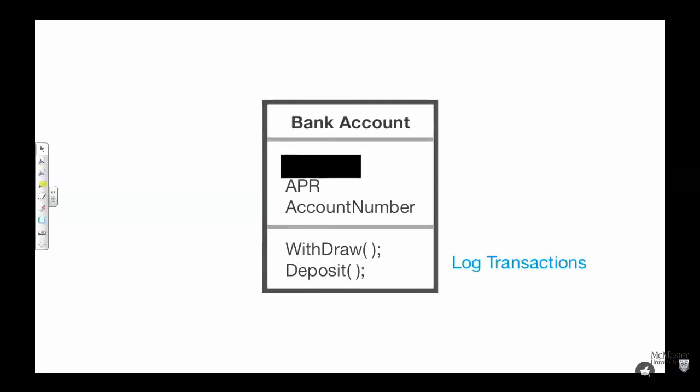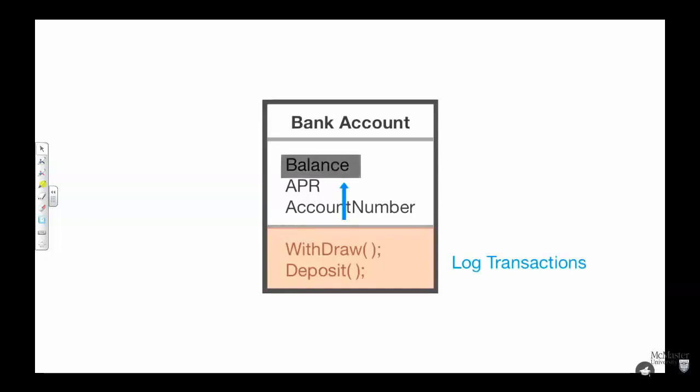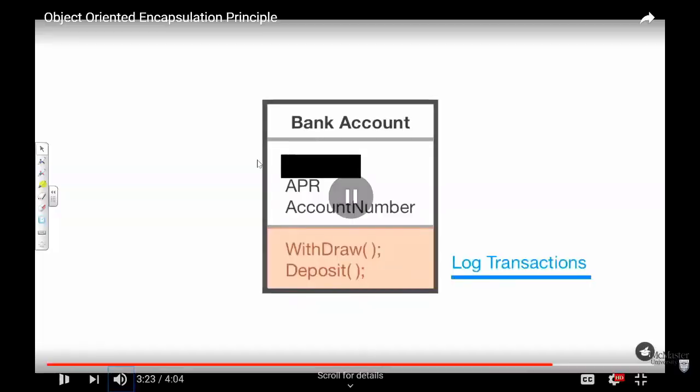It doesn't. So what we do is we hide the balance property. It can't be affected directly. Our programs have to go through the withdraw and deposit methods. And when we go through the withdraw and deposit methods, it will change the balance, but it will also insert a record into our order.